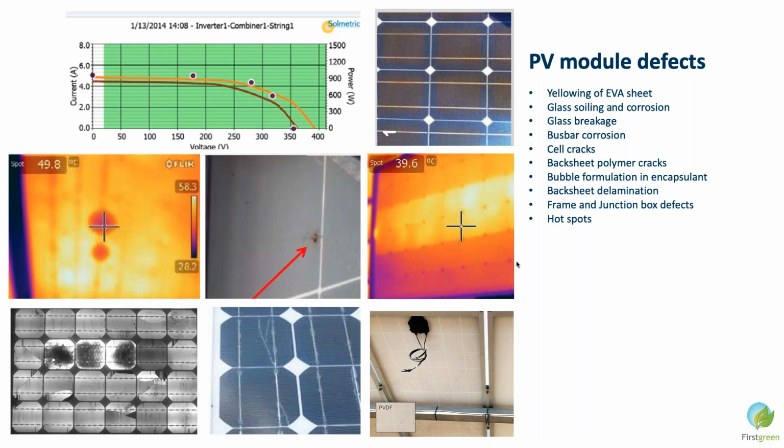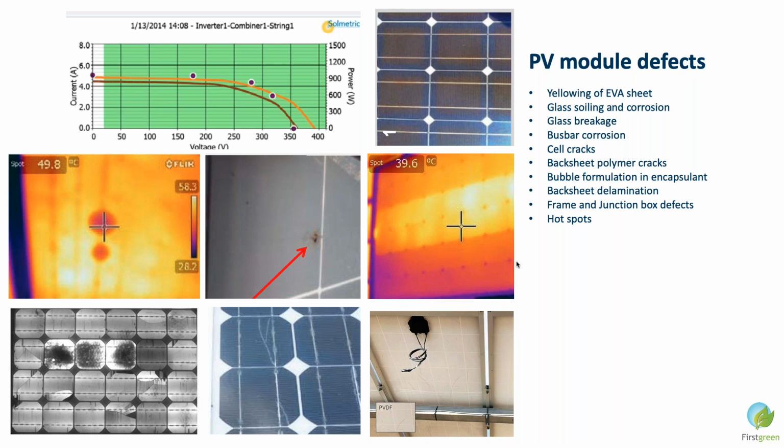Glass breakages are physical breakages. They happen at times due to installation malpractices. Sometimes your nuts and bolts are overtightened or modules are strained. Glass breakage is a big problem with thin film modules.